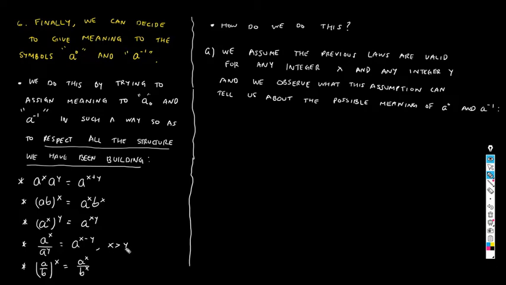Because if x could be equal to y, then a 0 is going to appear here, which we don't want at this point. And if x was less than y, this would be a negative integer, which at this point also makes no sense. So I want to define this symbol and this symbol so that these laws are also valid for any exponent. Any exponent. Positive exponents, 0 exponents, and negative exponents.